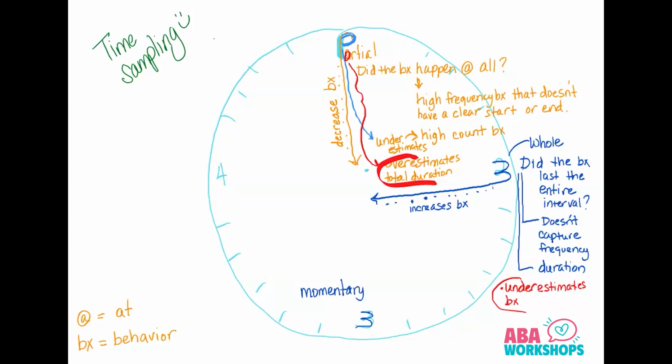So if you look at the E, momentary is going to be used at the end of an interval. So E for end of interval. That's when you use it. I'm going to circle the N, and that's going to help me remember that momentary is non-intrusive.